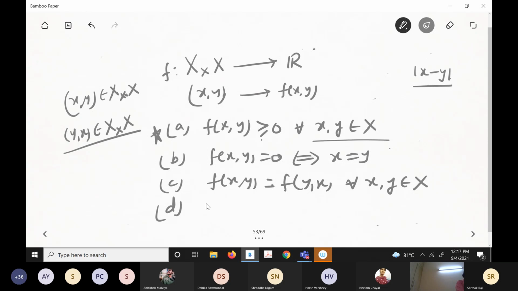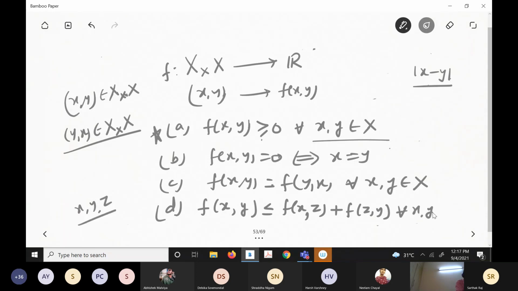And D, the triangle inequality, how to write? In between, I put one more point. Then for a triplet you need 3 points, for all x, y, z belonging to X. Got it? So D is the triangle inequality.